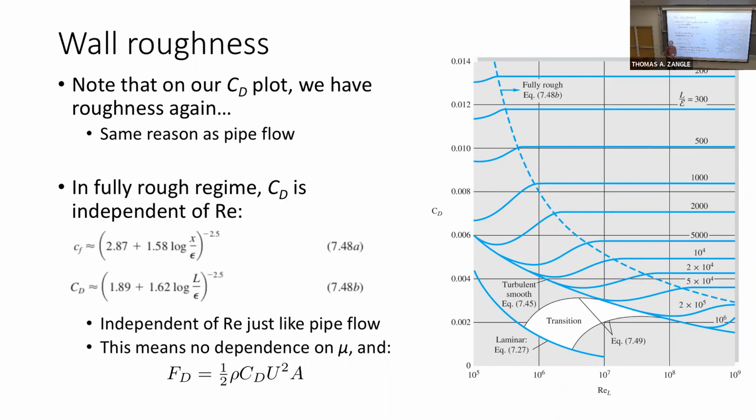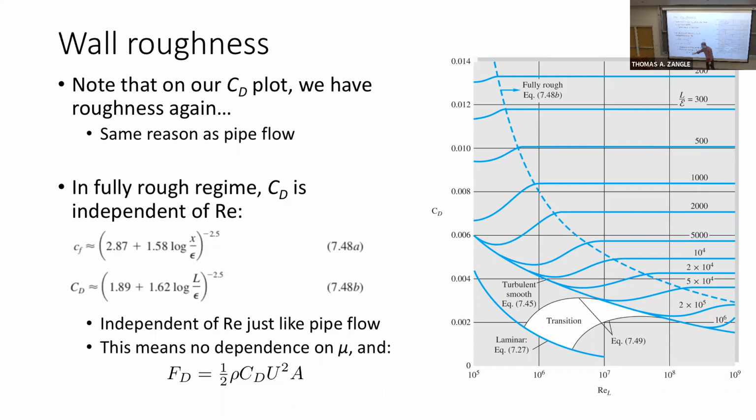And so we've been talking a lot about viscosity and viscous drag and viscous influence of boundary layer. But over a wide range of operating conditions, even just for a flat plate, and we'll see the same thing is true for more complex objects, the coefficient of drag is actually independent of Reynolds number.